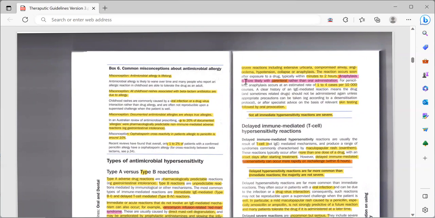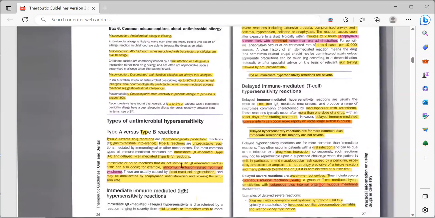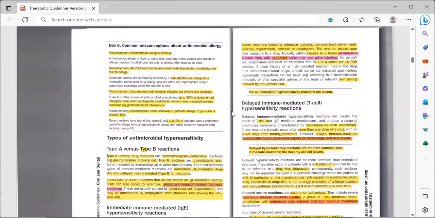Because it is an immediate type, the reaction occurs soon after the drug is taken, typically within minutes to 2 hours. That's the reason it is immediate. Anaphylaxis is more likely with parenteral rather than oral administration.